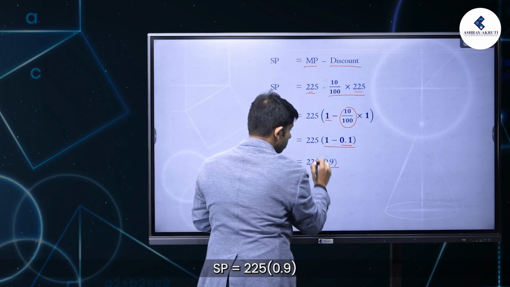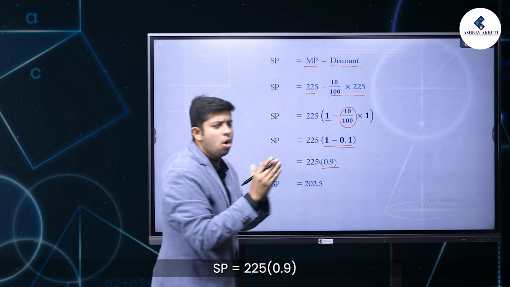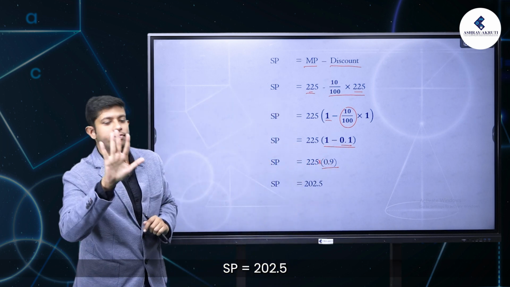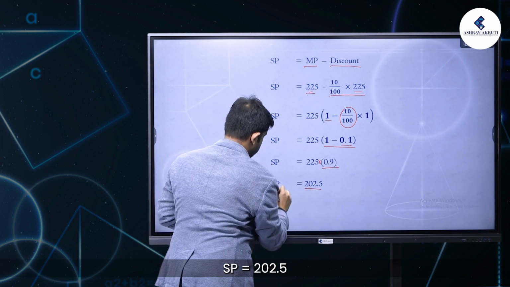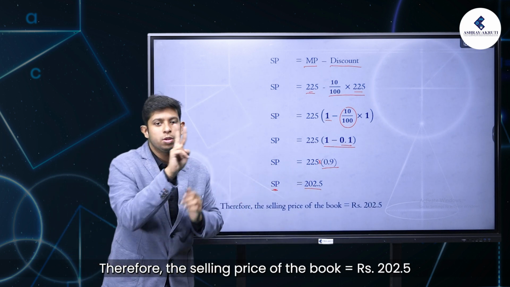Selling price equals 225 of 0.9. Selling price equals 202.5. Therefore, the selling price of the book is equal to Rs 202.5.